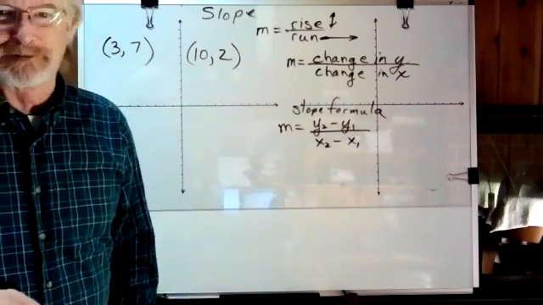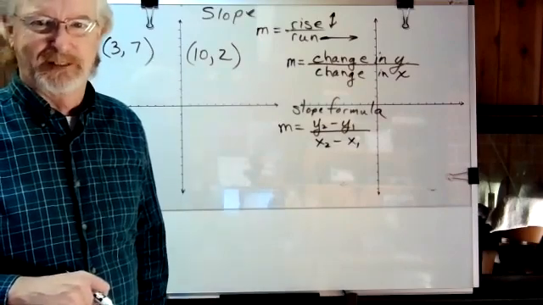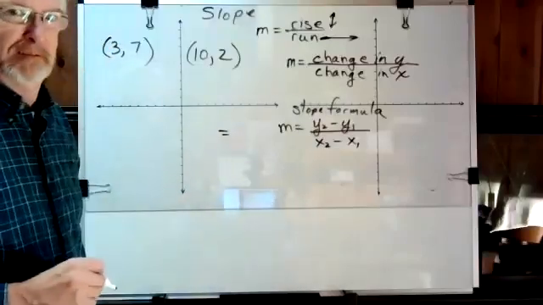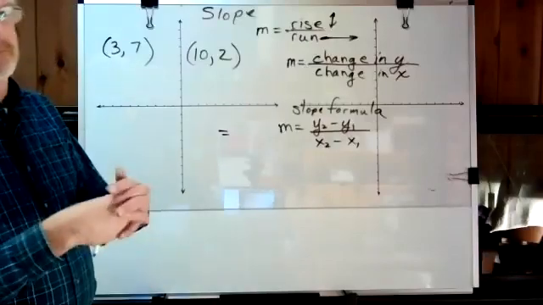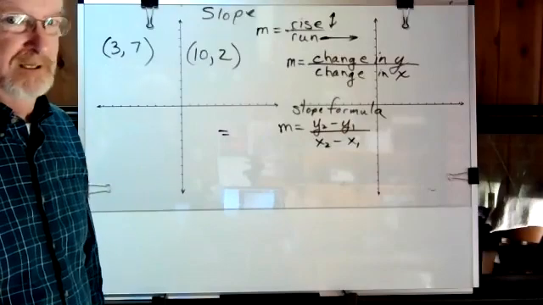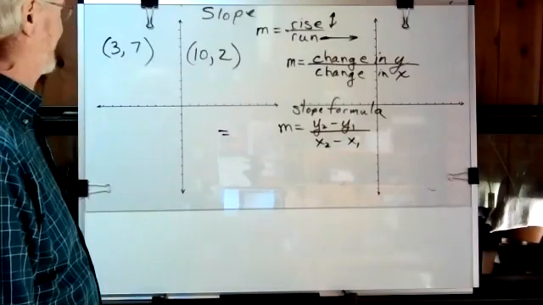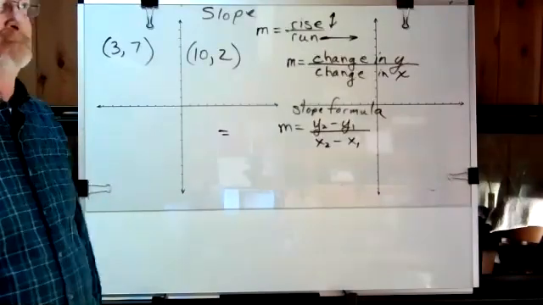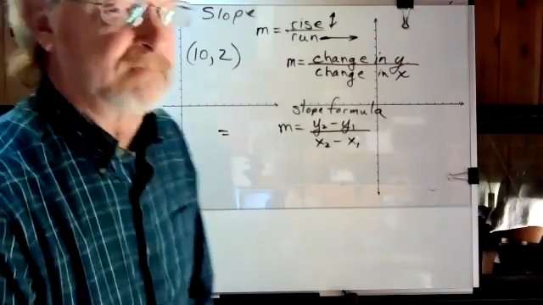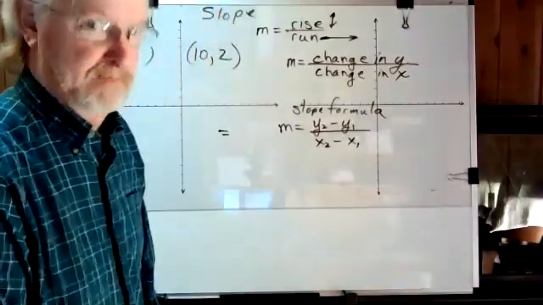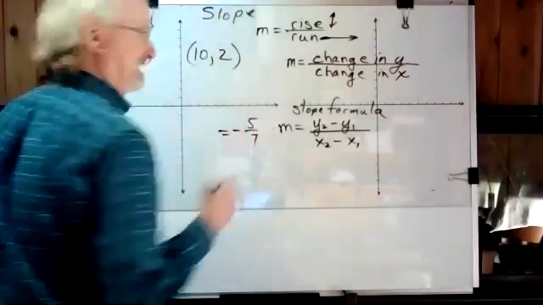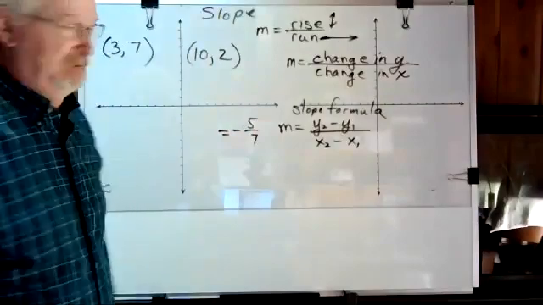Who's got a value for us? Brave soul. What'd you get? Anybody? Somebody? Negative 5 over 7? Thank you. We could wait a long time if I really did that a lot, right?